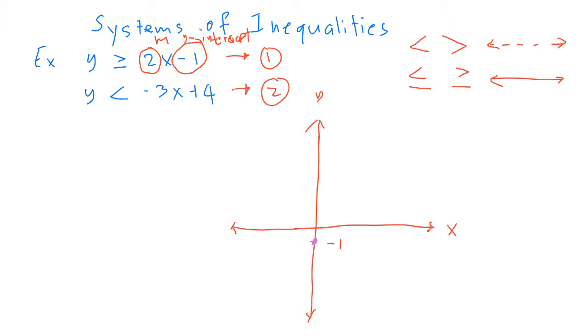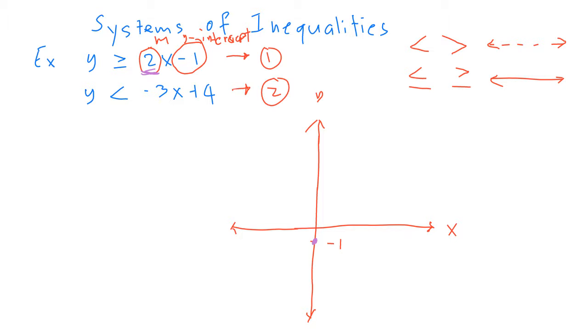And the second point is at the slope, which is 2. So 2 is the rise over run. Run here is 1. So we have to count from point negative 1.